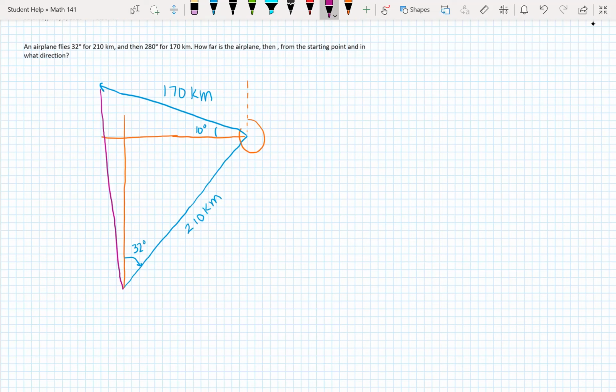If I think of this first vector that's drawn, the one that's gone 210 kilometers, and I draw a triangle to get the two components for it.